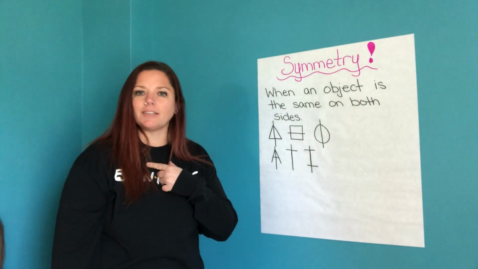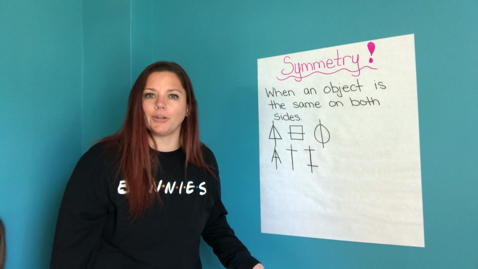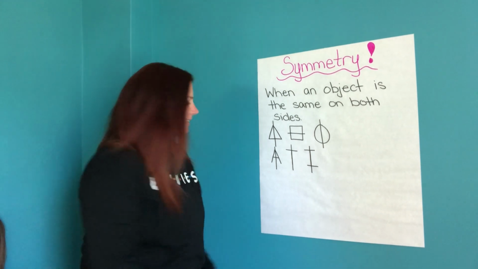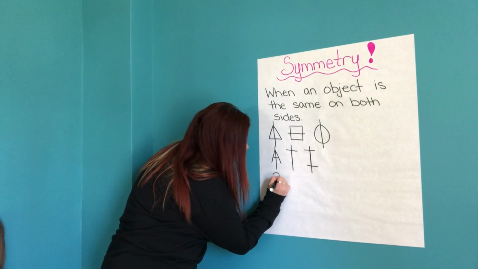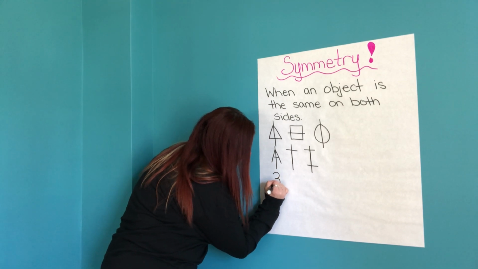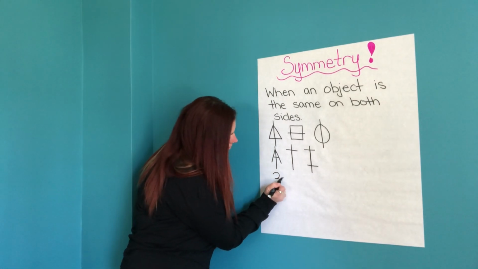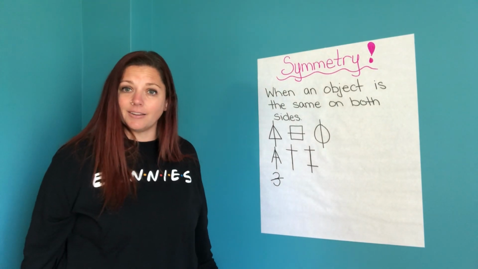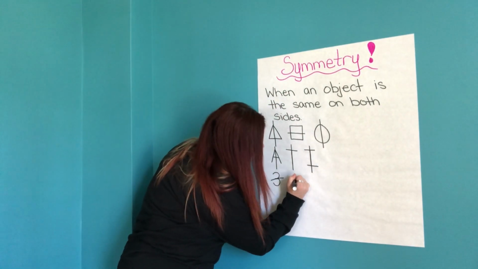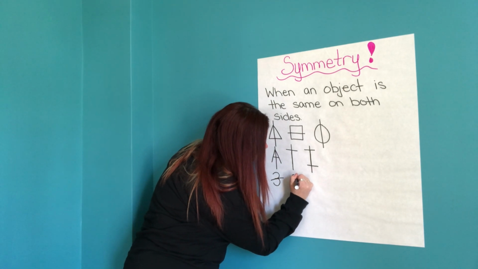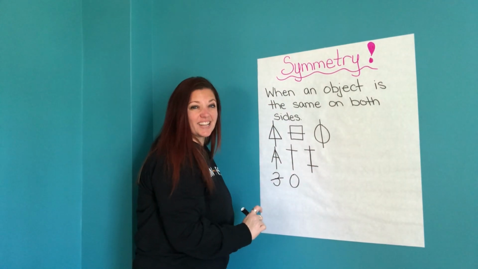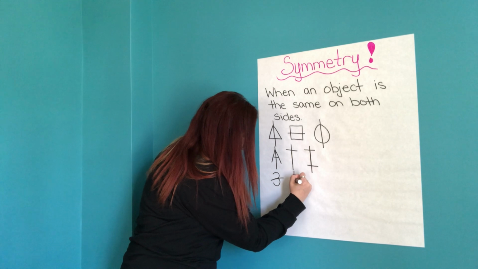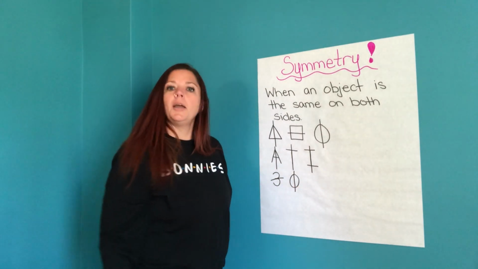Now, if you're in Mrs. Deibler's class, you know that my favorite number is 3. So I'm going to write the number 3. Now, if I cut that right through the middle and I fold it in half, it's the same. What about the number 0? It's kind of the same as a circle, isn't it? Or the letter O.